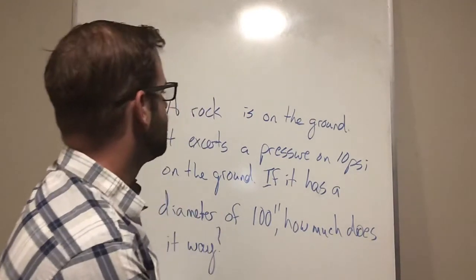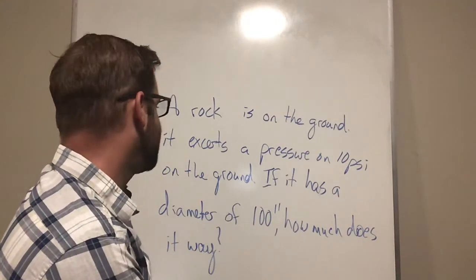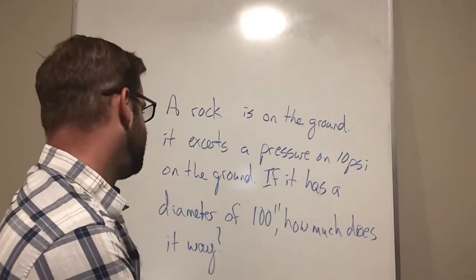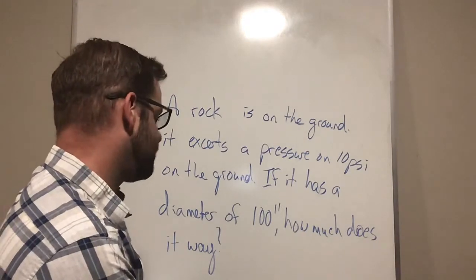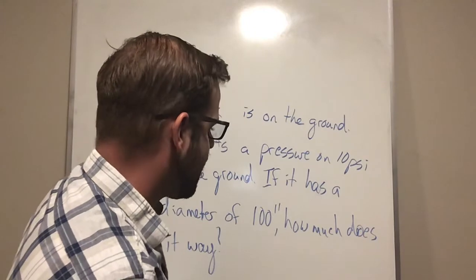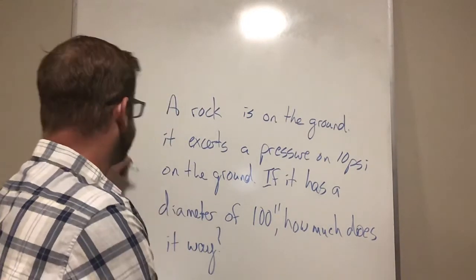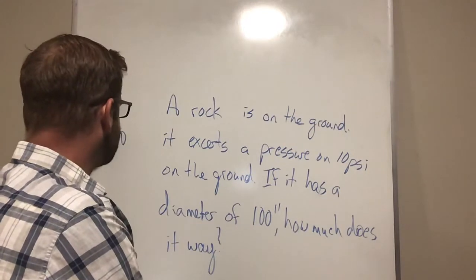Okay, so a rock is on the ground. It exerts a pressure of 10 psi on the ground. If its diameter, it's circular, is 100 inches, how much does it weigh? So important information: 10 psi.